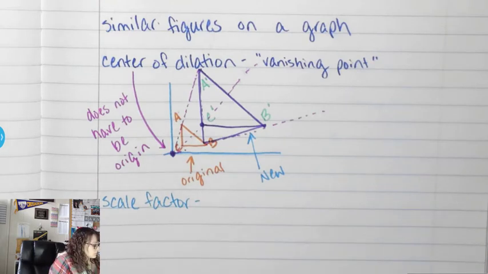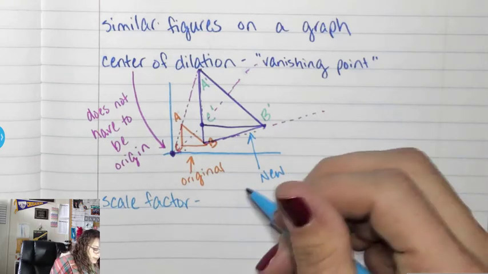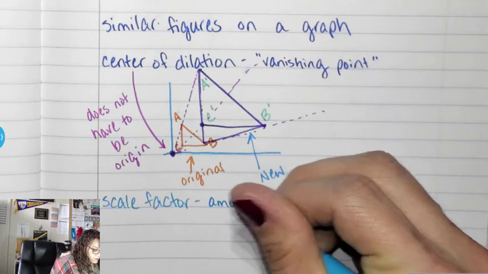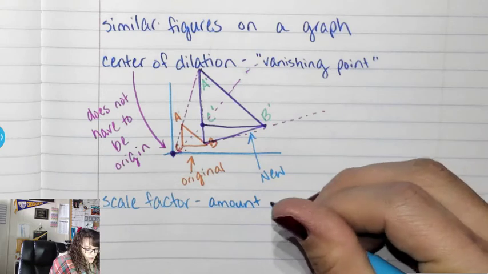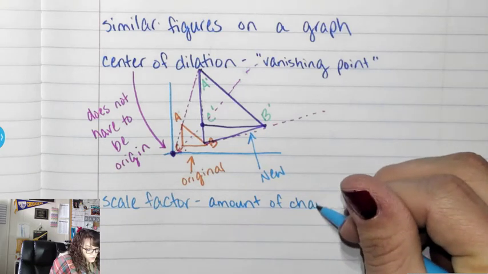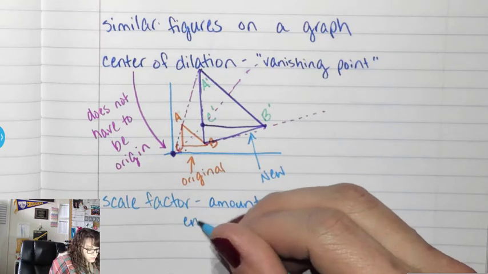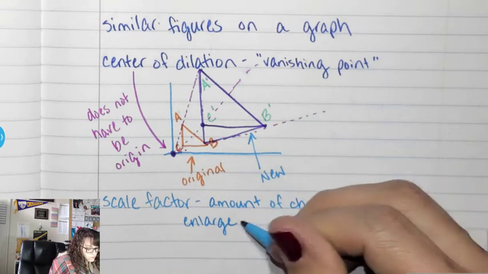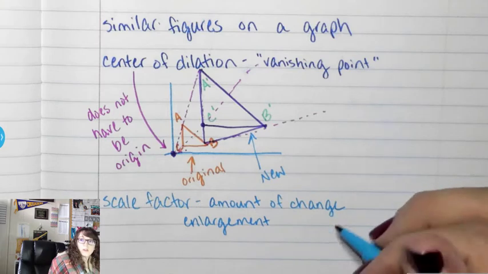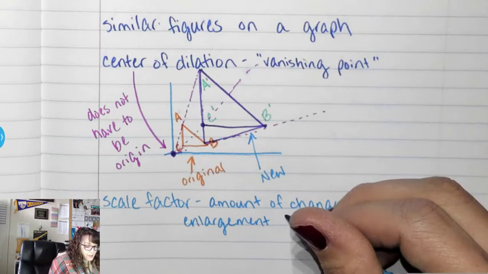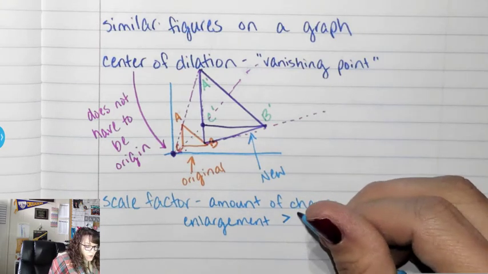So scale factor is the amount of change. If it's an enlargement, then your scale factor is greater than 1.